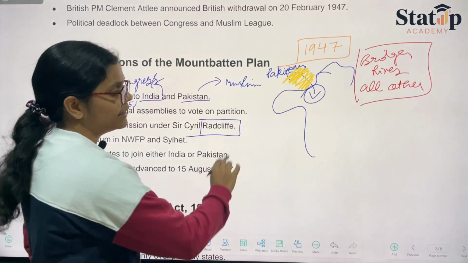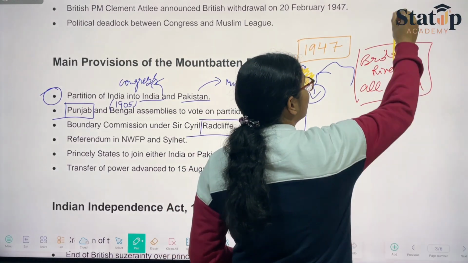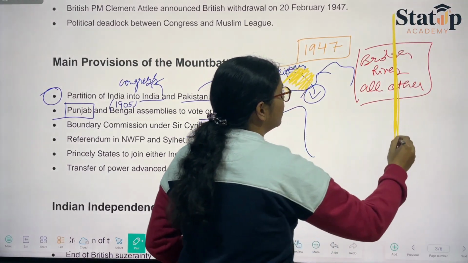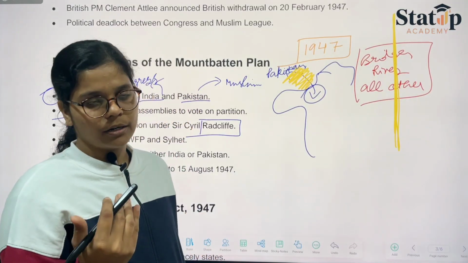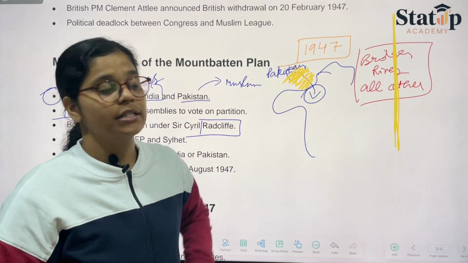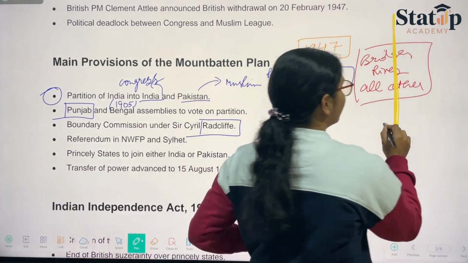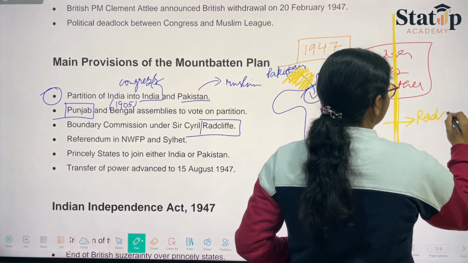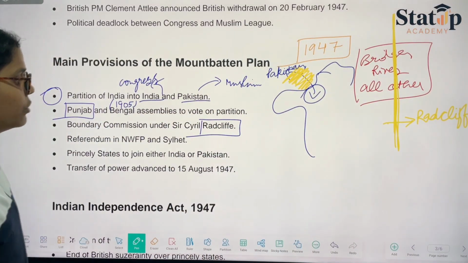That was given to Redcliffe. That's why we talk about the line of control, the line of division, the border between India and Pakistan, which passes through Punjab as well. This boundary was given by Redcliffe, which is why it is sometimes known as the Redcliffe boundary.